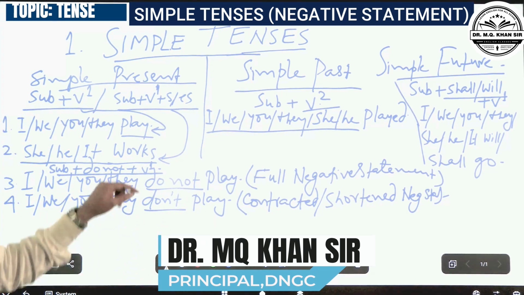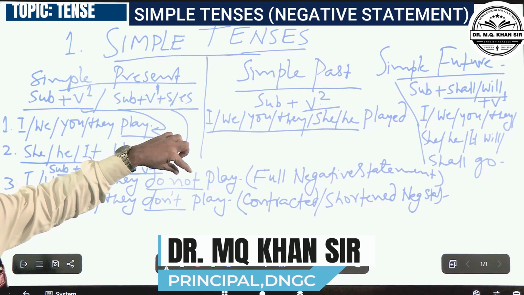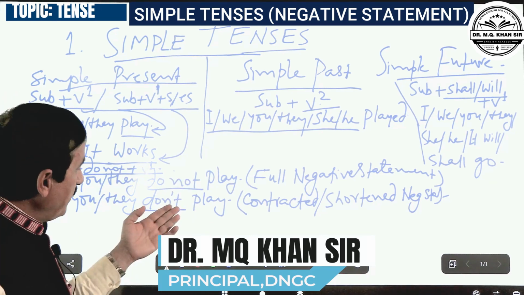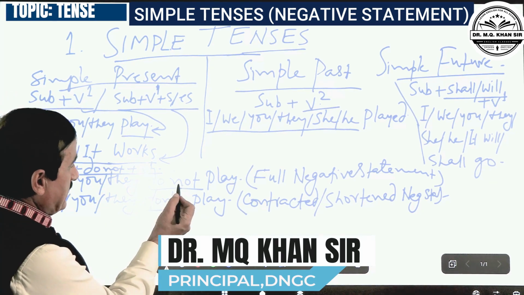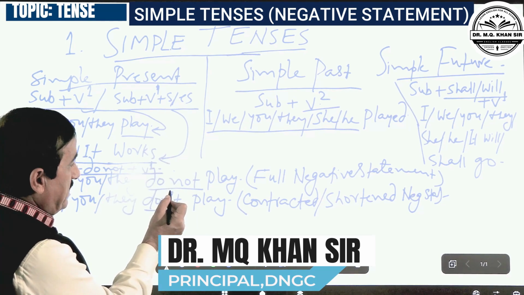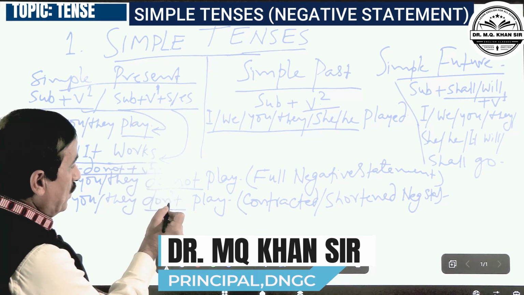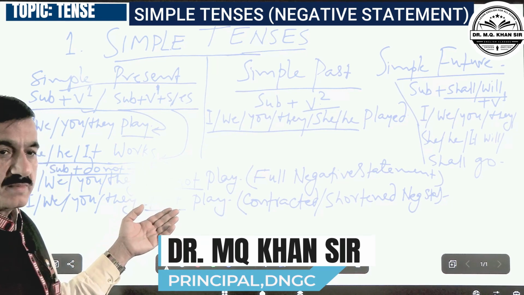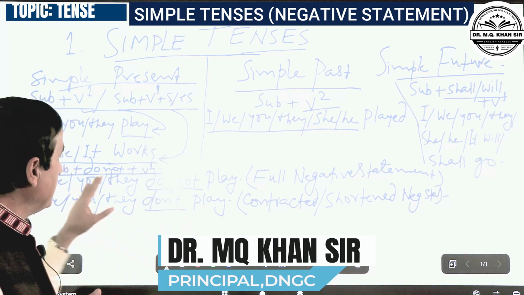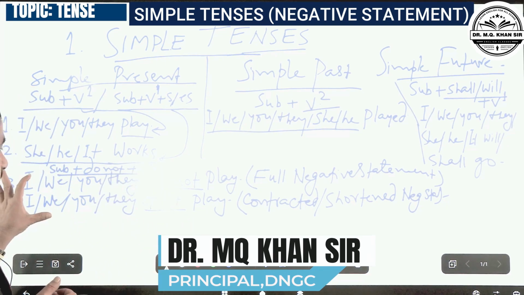Simply because NOT, the full spelling of negative term is used, it is called full negative. And when you don't use full spelling, instead O is represented by this apostrophe, that absence of O, then it becomes don't, means contracted. Contracted means shortened negative. But this is negative statement, simple present tense.